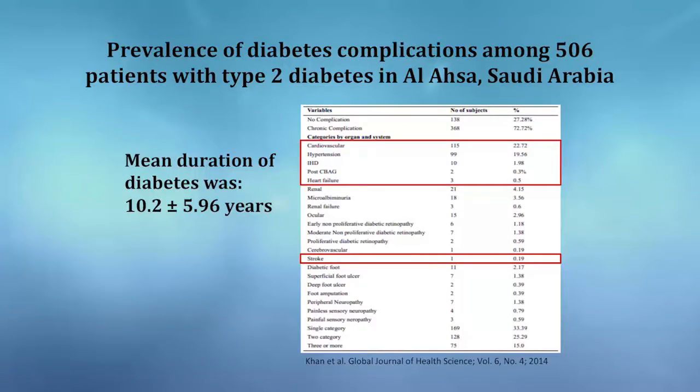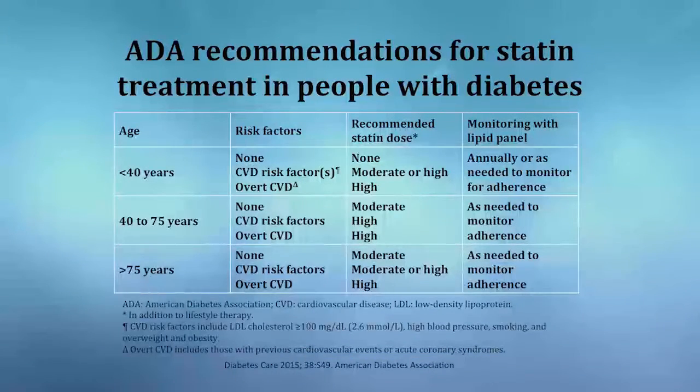And usually it will occur between 12 to 15 years from the time of diagnosis of diabetes. And therefore, the ADA recommendation for statins, which are the mainstay for prevention of coronary artery disease or peripheral vascular disease, is to control diabetes, hypertension, and hyperlipidemia.